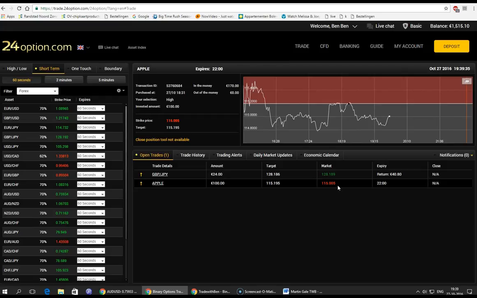You see that it's going up and down. Okay, I'm sure we will win this trade. So let's say we have added 21% to our balance today. That's good. That's 300 euros.